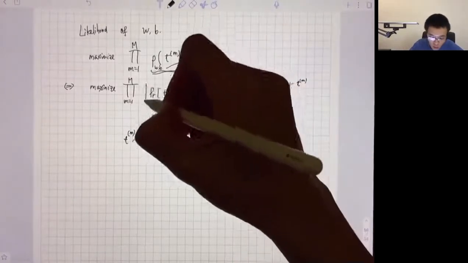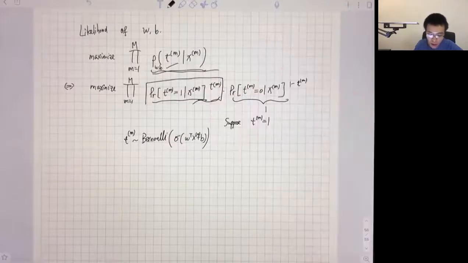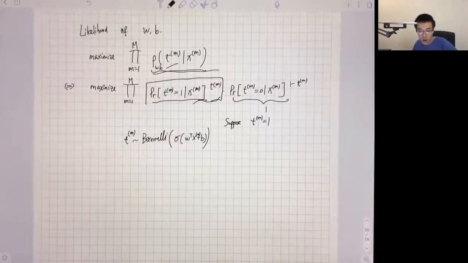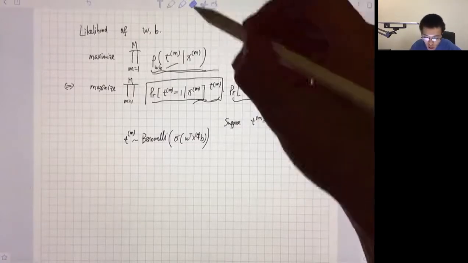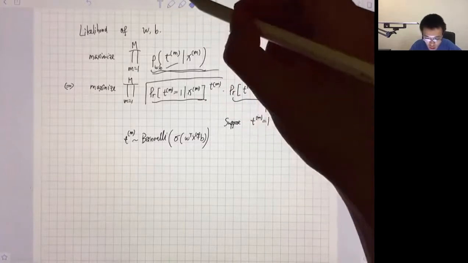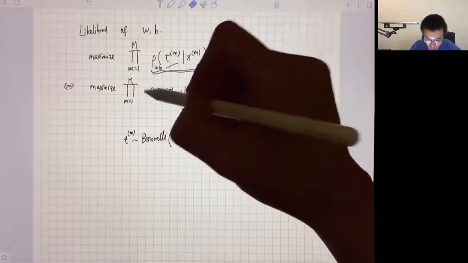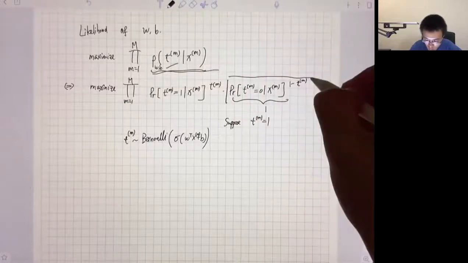So you only go with this factor. And likewise, if your true target is indeed 0, then the likelihood of that data sample is how you predicted 0, and that is just the second factor.